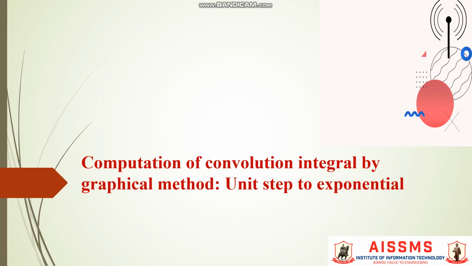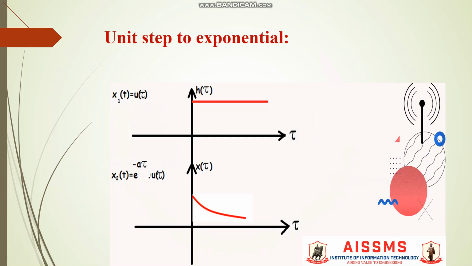Now let us proceed to the next case where one of our signals is unit step signal and the other is an exponential signal. These signals are first sketched and the time axis is changed to tau. After this, we will reverse one of the signals.